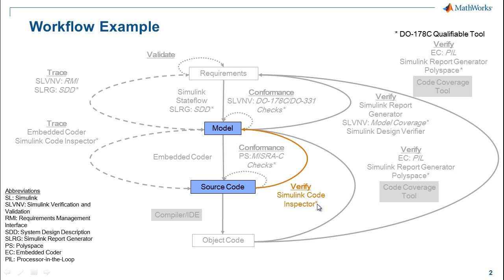So what Code Inspector does, again, it satisfies all of those objectives in Table A5. So it satisfies the fact that we need to review the output of our code generator, right, for correctness. So we're going to do that in an automated way with a qualifiable verification tool, and that is Simulink Code Inspector.